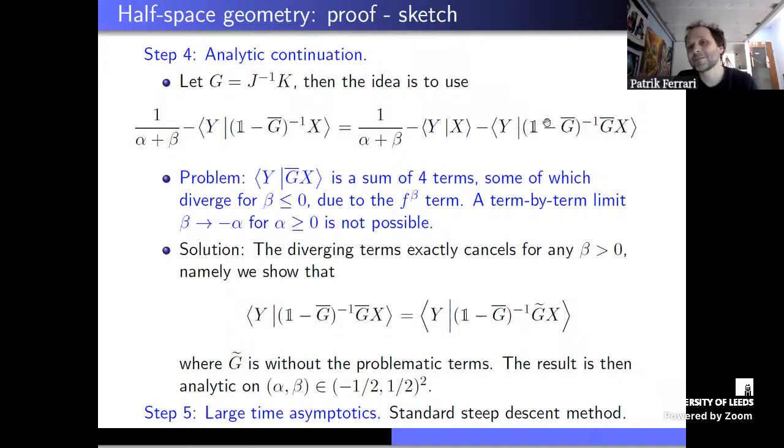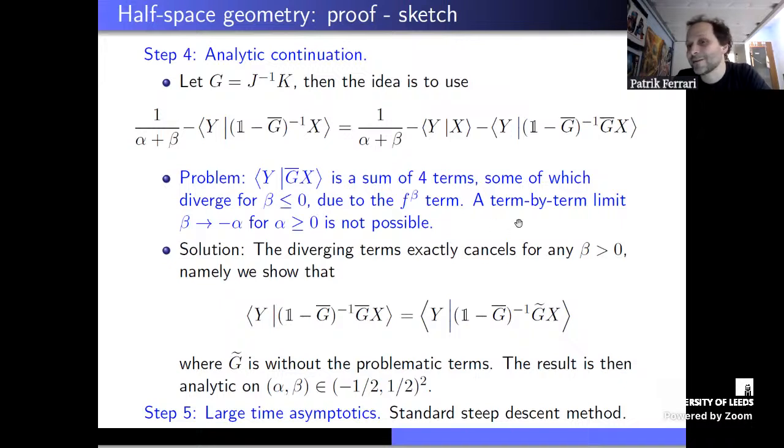In particular, assume that you can expand to infinity the geometric series. Then the first term is g y g bar x, and this is actually a sum of 4 terms. So each one is diverging when beta becomes negative.